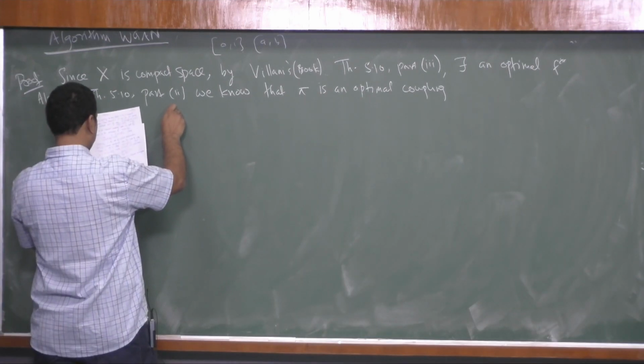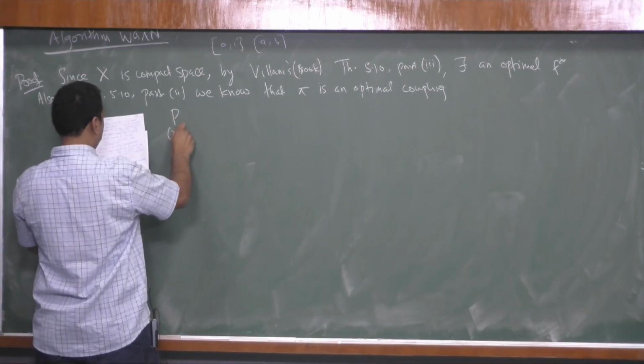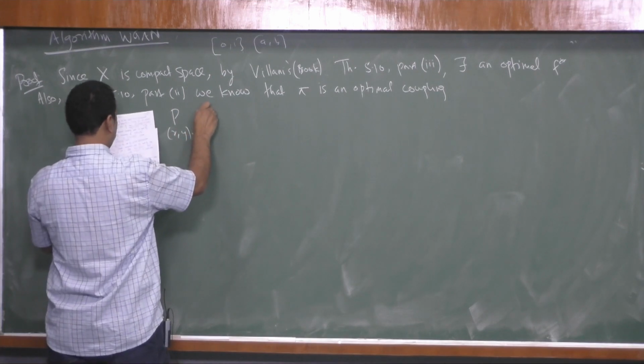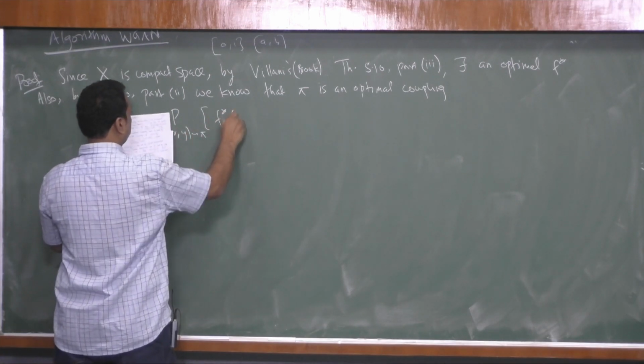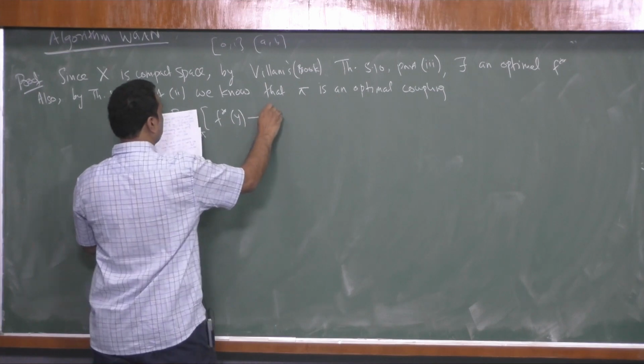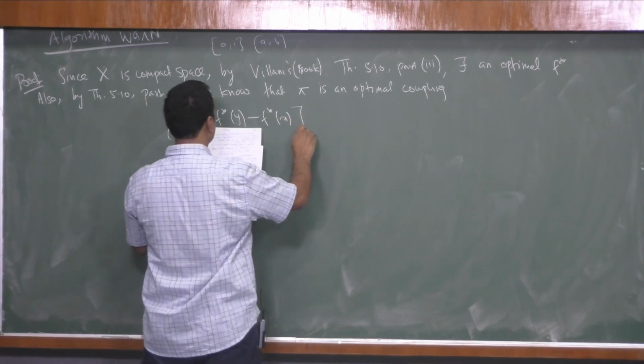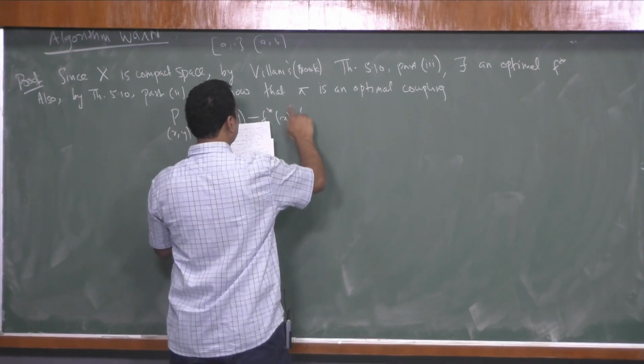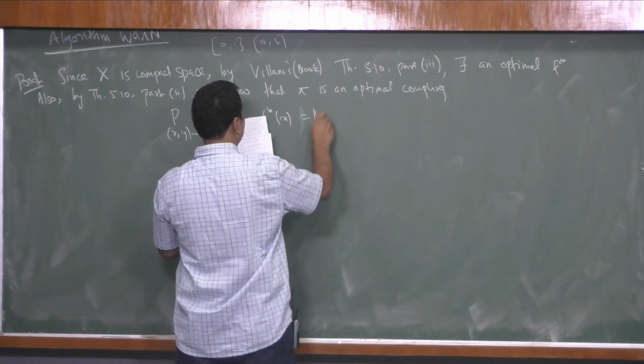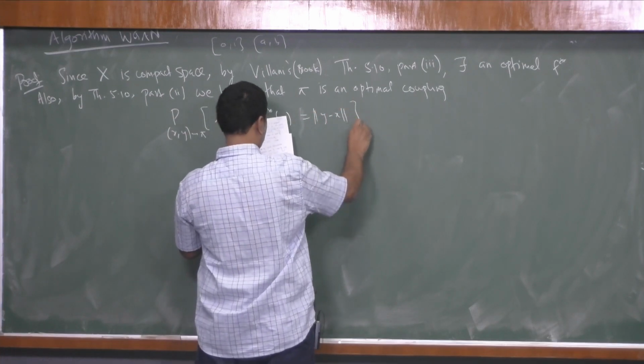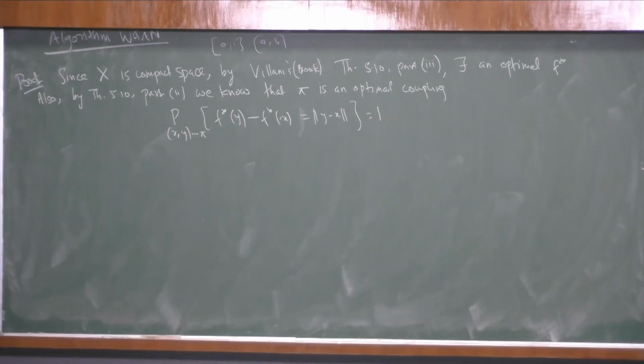So in that case, pi of x, y, and if we have an f star, then it's 1-Lipschitz, so obviously f star y minus f star x equals norm y minus x, which is 1. So all these things are guaranteed.